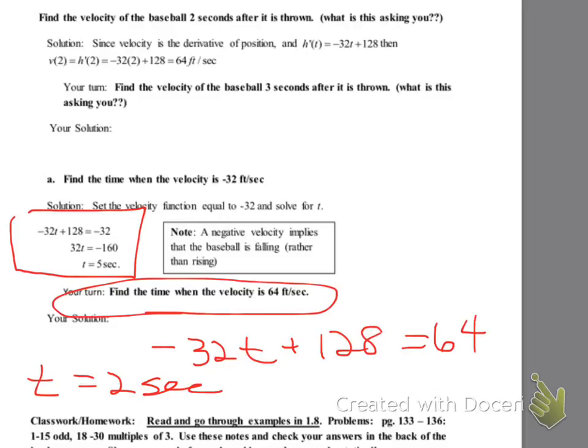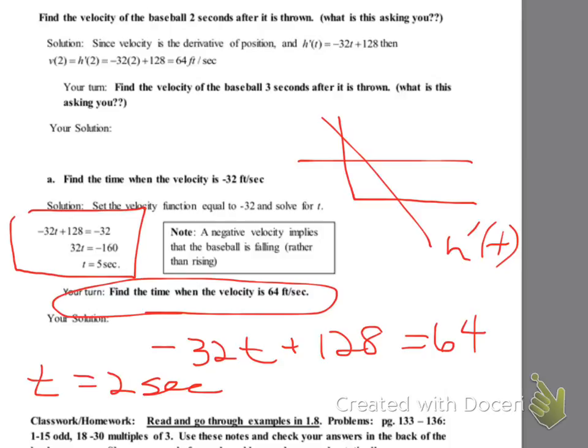Alright, so what I was saying about the graphic approach is this. If you graph the first derivative of the position function, that's your h prime of t, then you can do this analysis graphically by putting in your horizontal line for the velocity they give you and figuring out where they intersect, and that will give you the time that you need.